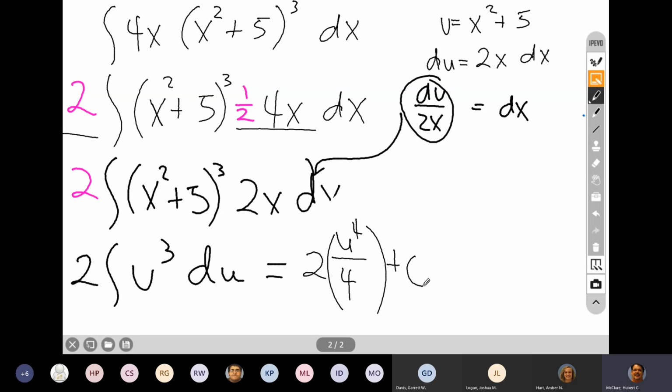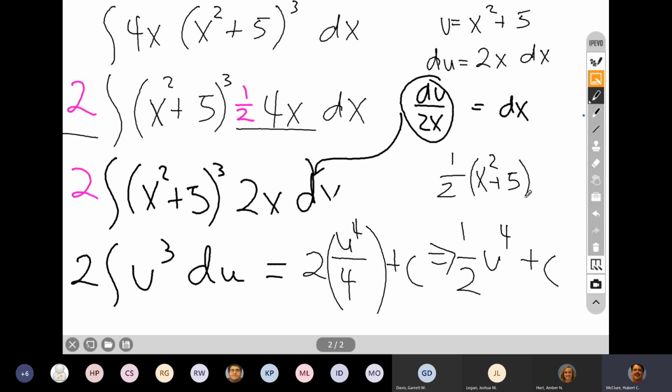And then that's going to equal 1/2 u to the fourth plus c, which is 1/2 (x squared plus 5) to the fourth plus c.